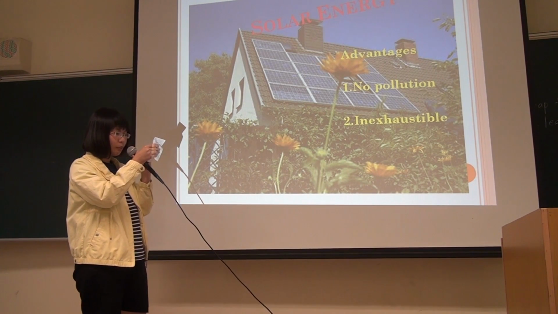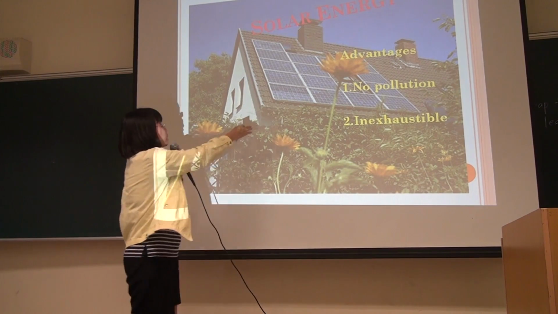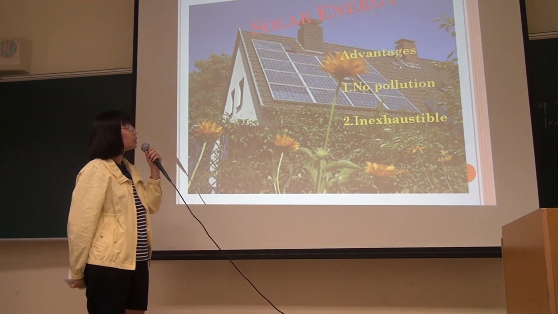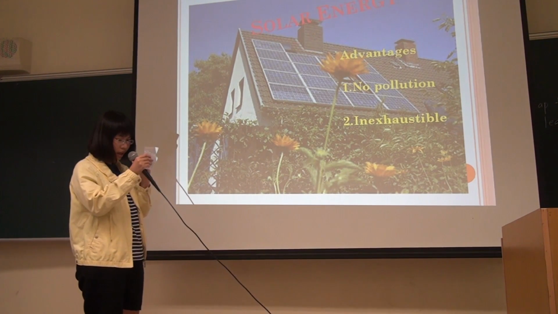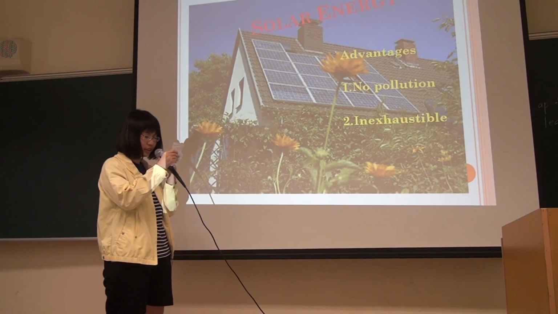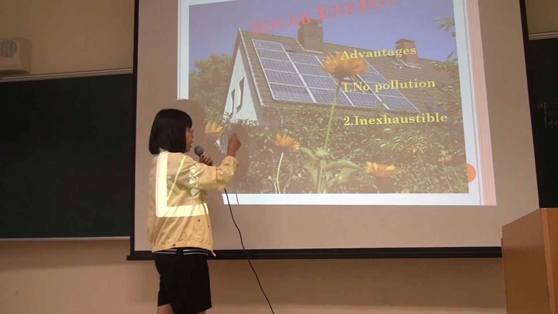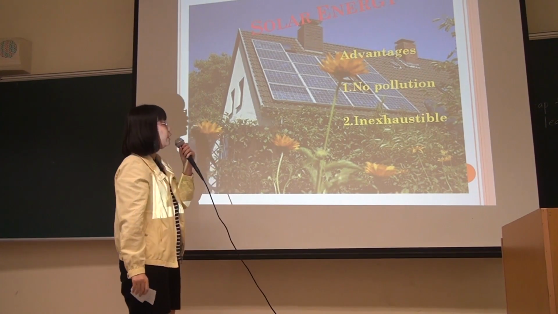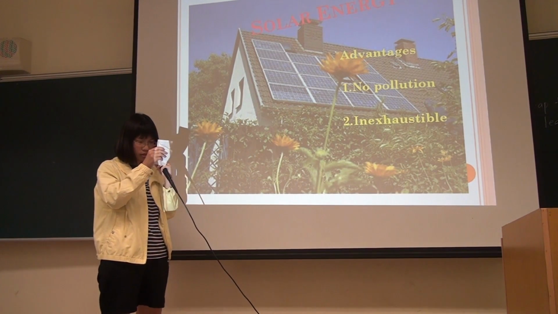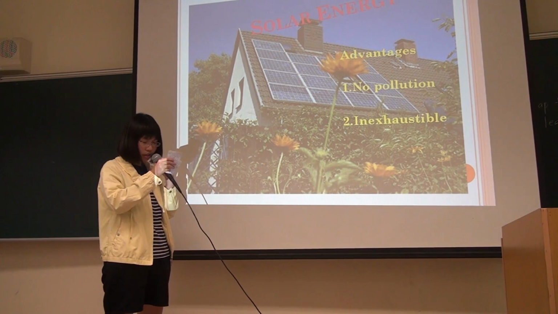Solar cell power generation uses silicon panels like this. The panels absorb heat and then convert it into electricity. The area of the panel is big, and you can install it on the top floor of your house. But its efficiency is low.